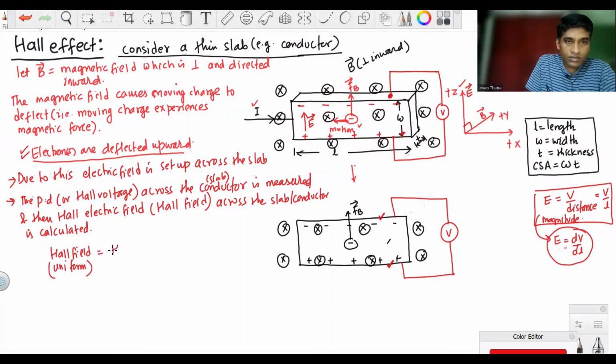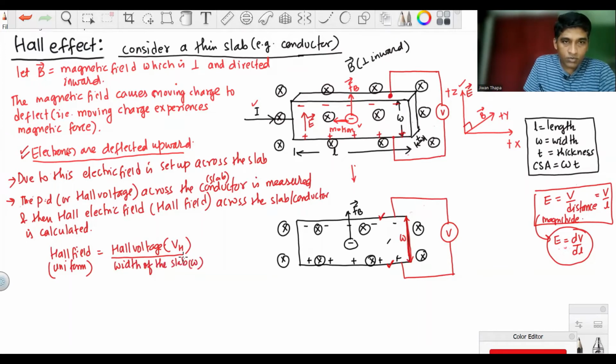This equals the Hall voltage, let us denote it by the symbol VH, by the distance between these two faces, that is the width W of the slab.